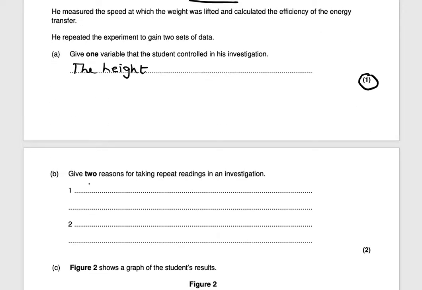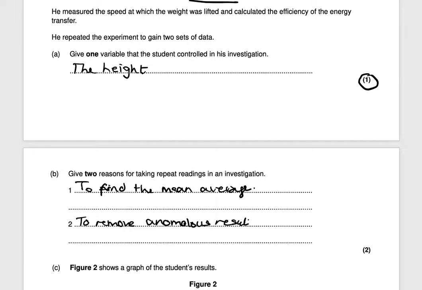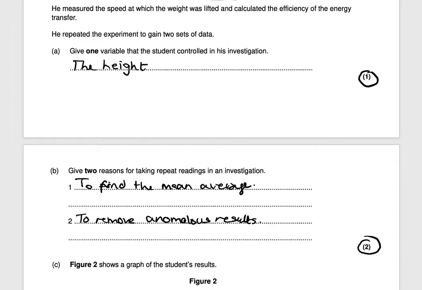It's to find the mean average, and you can also take it to remove anomalous results. Okay, you could have also said to remove random errors. Okay, and that would get you 2 marks.